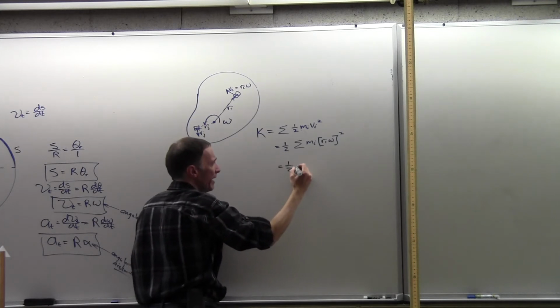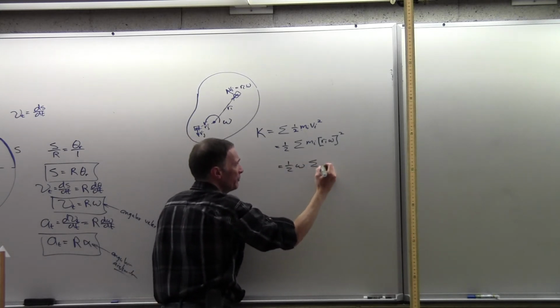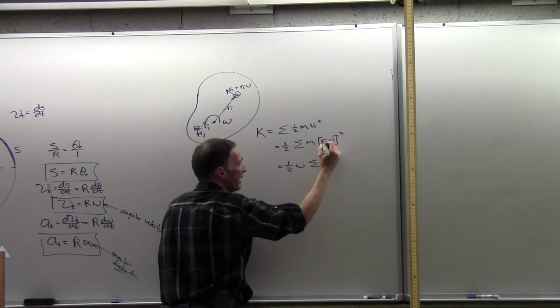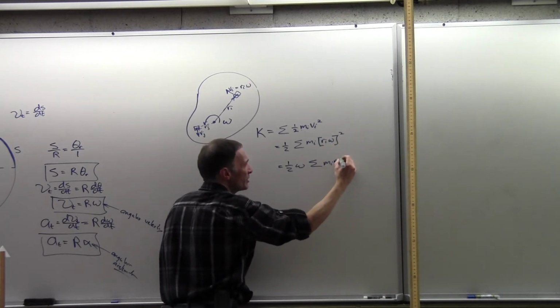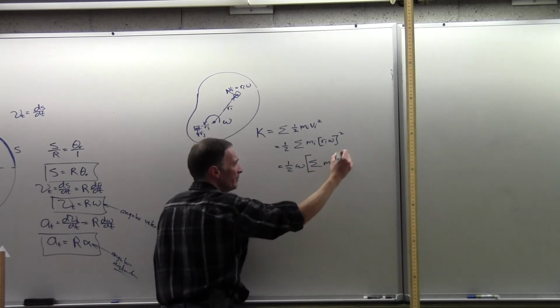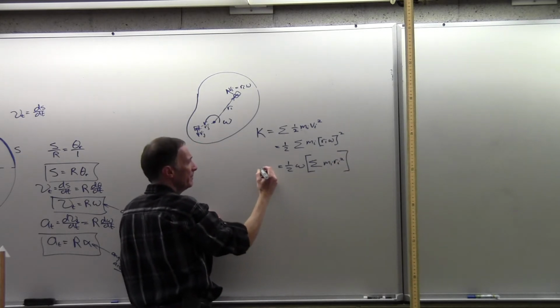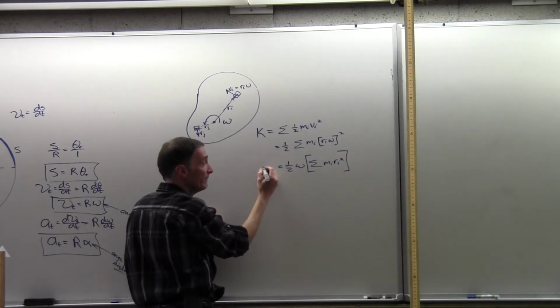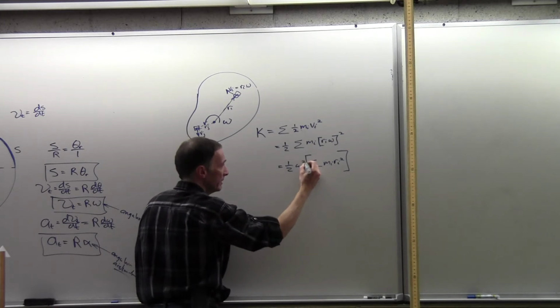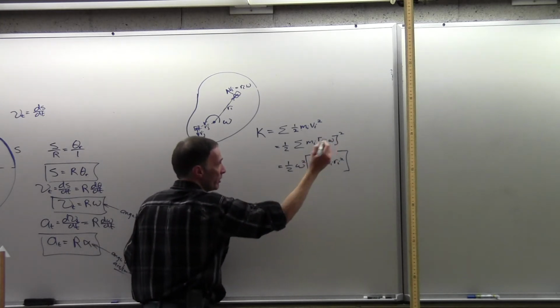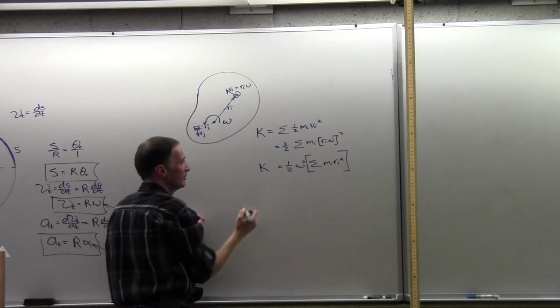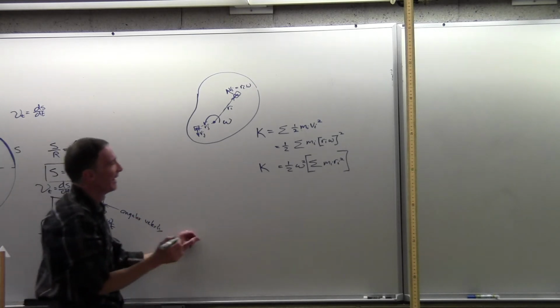So I'd have a 1/2 omega squared, and then I'm left with the sum of m sub i times r sub i squared.